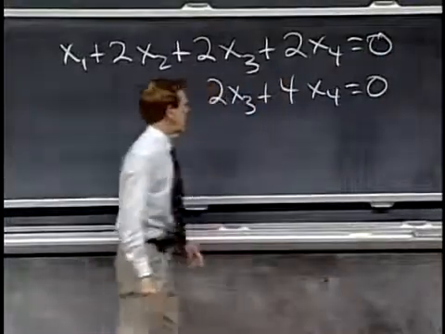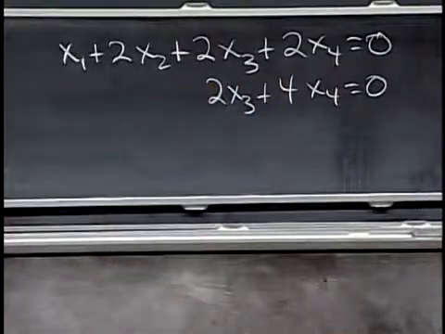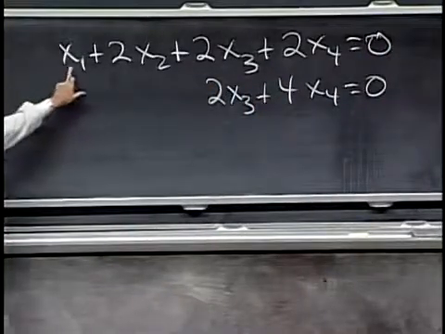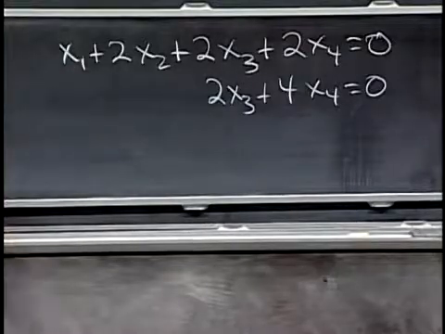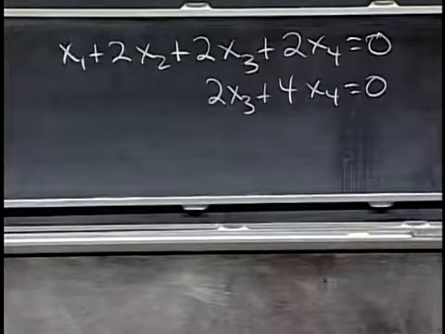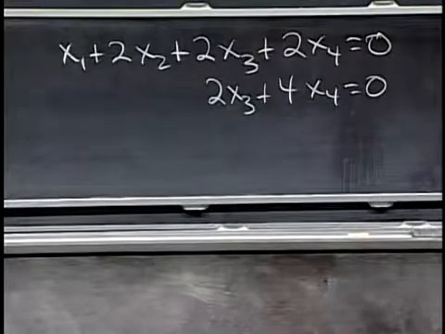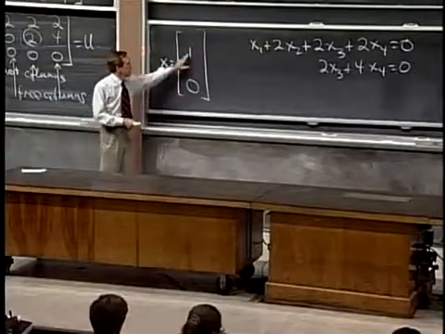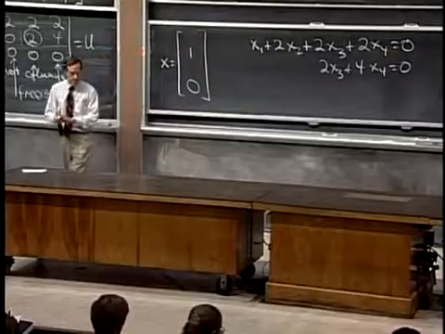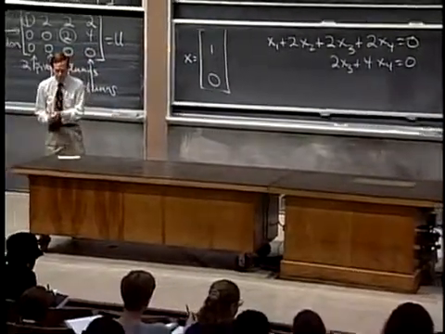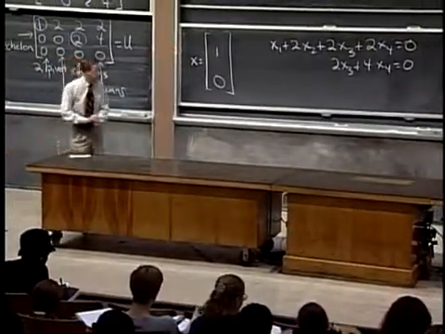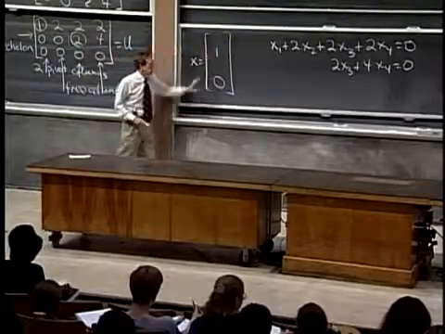Those are my two equations. Now the point is, I can find x1 and x3 by back substitution. So we're building on what we already know. The new thing is that there were some free variables that I could give any numbers to. And I'm systematically going to make a choice like this, 1 and 0.